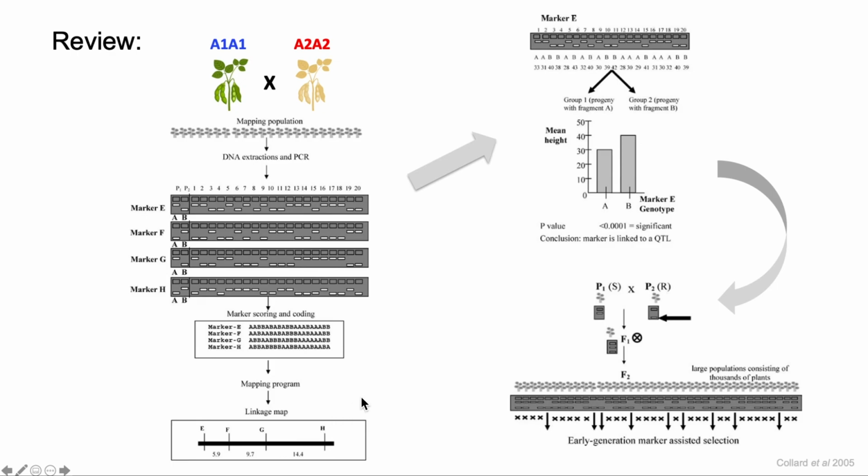So that is good, because that is what we want to basically identify, a lot of recombinations to try to identify molecular markers that are linked to the phenotype that we are interested in. And if you identified one molecular marker, like in this example, that is linked to the phenotype of interest, you can use that molecular marker in early generations to do marker assisted selection.